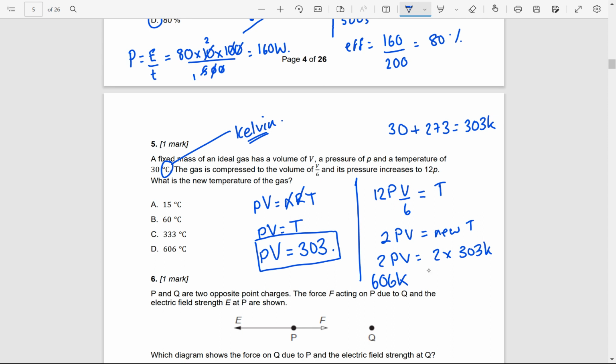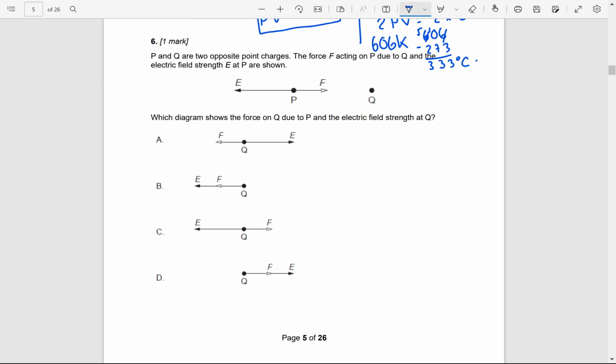Now that isn't D, that's in degrees Celsius. So we need to do 606 minus 273. My maths is terrible, as those of you that I teach will agree. So 10 minus 7 is 3. 333 degrees Celsius, so C.